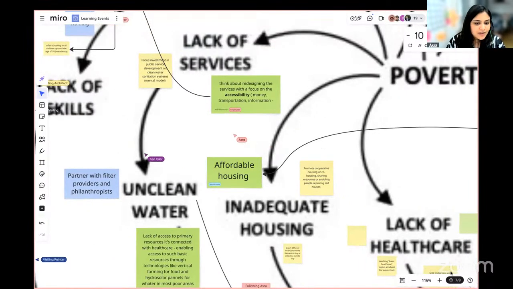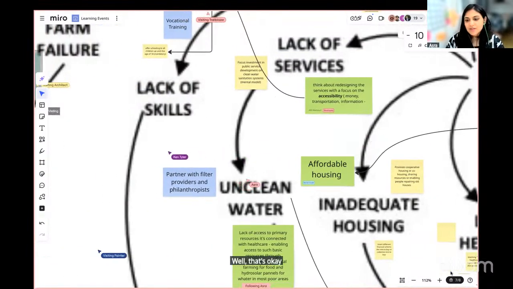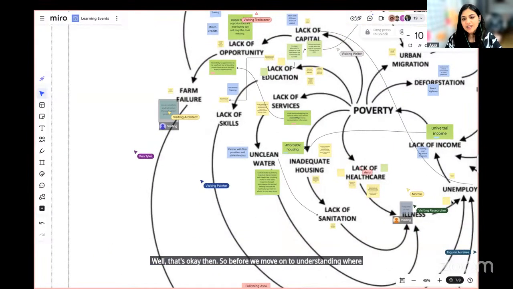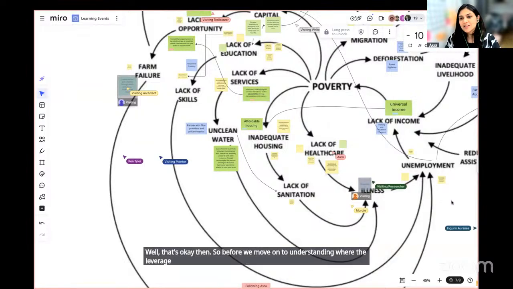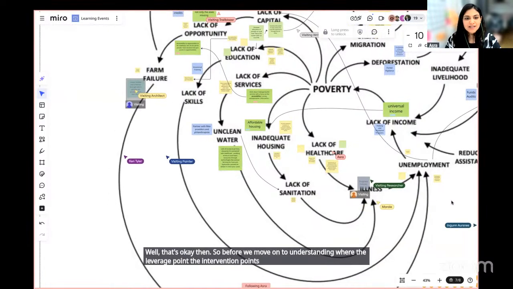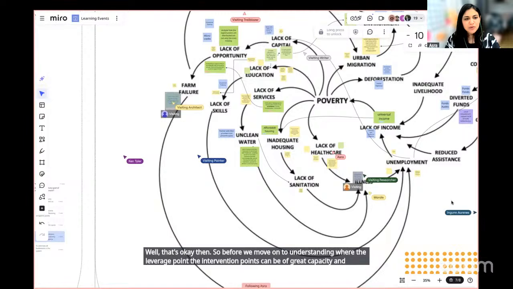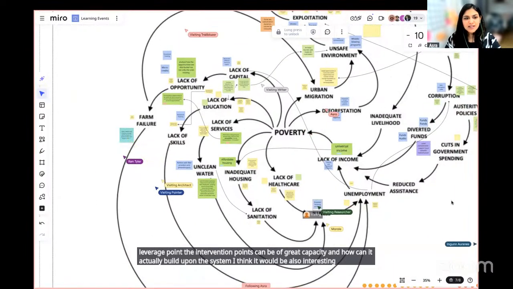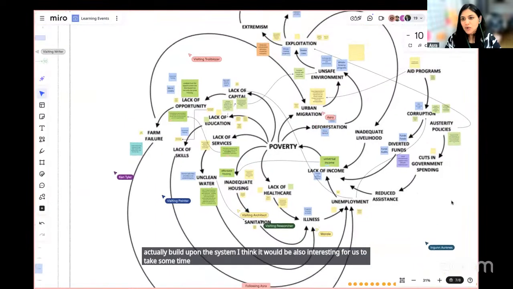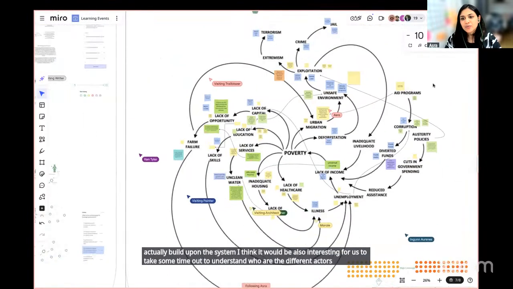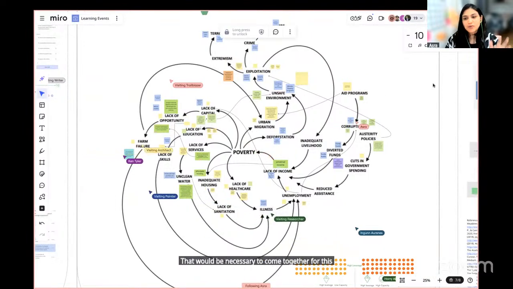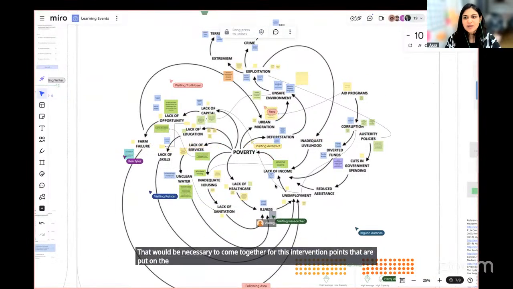Well, that's okay then. So before we move on to understanding where the leverage points, the intervention points, can be of great capacity and how they can actually build upon the system, I think it would also be interesting for us to take some time to understand who the different actors are that would be necessary to come together for these intervention points that are put on the map here.